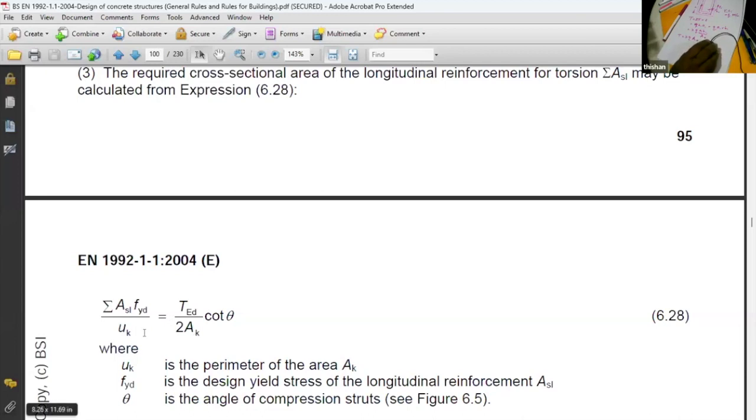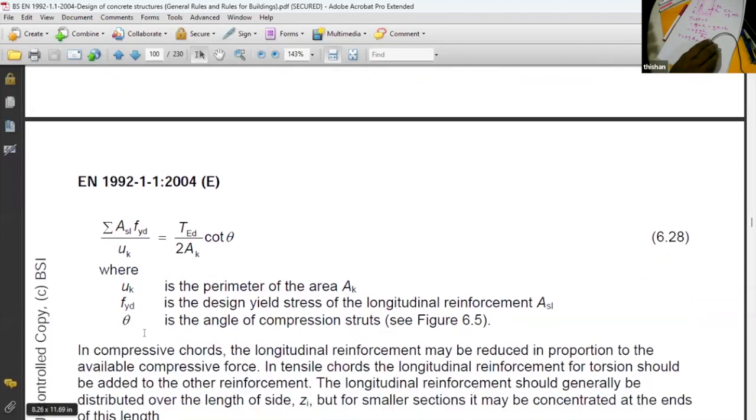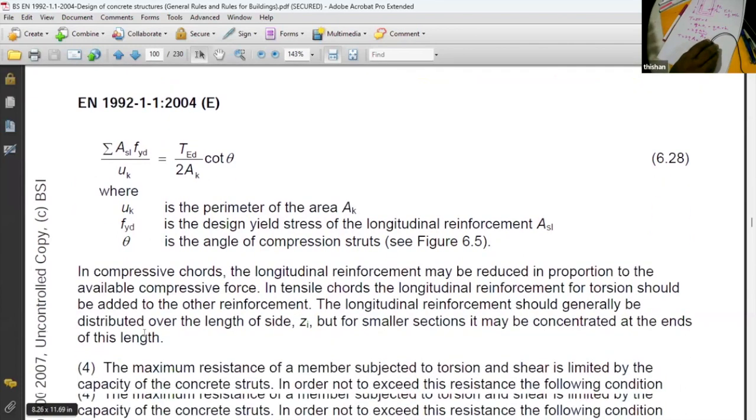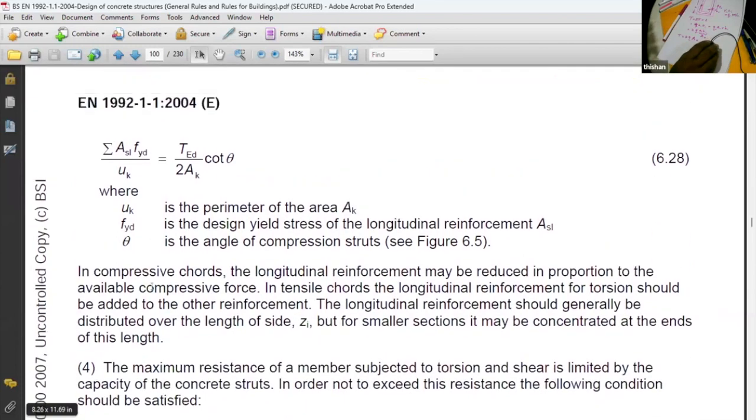UK is the perimeter of the member. And that's all. So it tells us how to find the longitudinal reinforcement, but it doesn't give an equation for how to find the shear link requirement. But I'm going to show you how to find that.